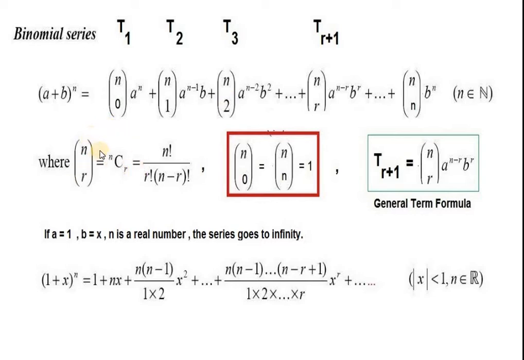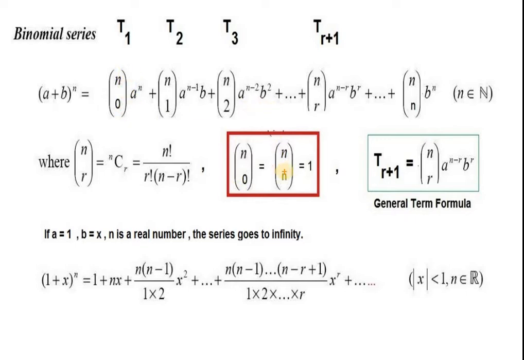We read this one as nCr, and its value can be determined by using the formula: nCr is equal to n factorial divided by r factorial into n minus r factorial. This is the formula to find the value of binomial coefficient. This is the binomial coefficient lying in the first term.